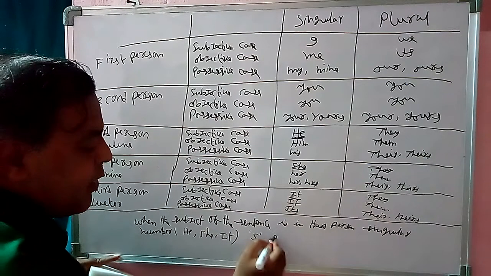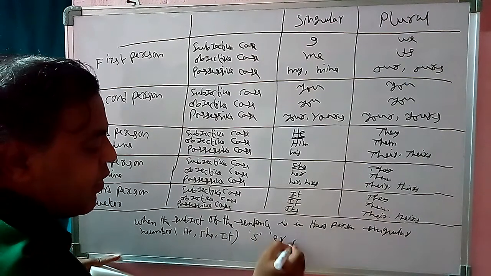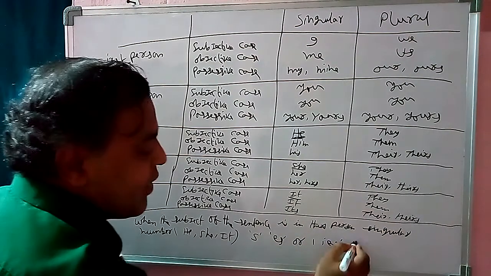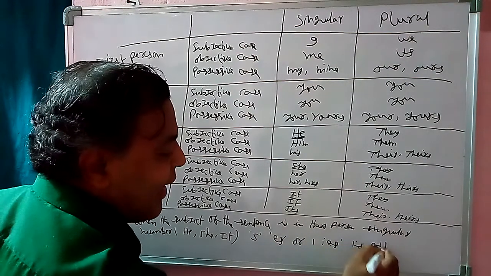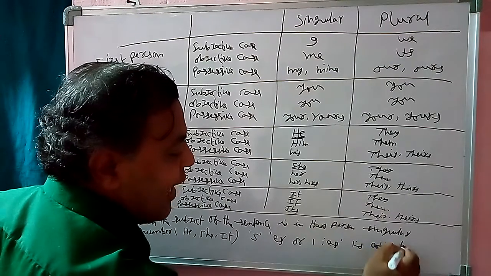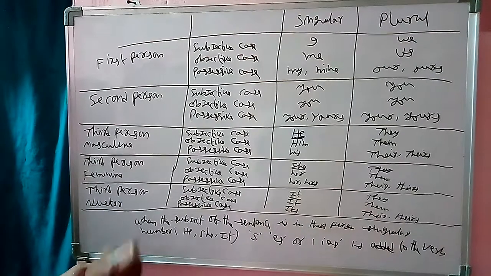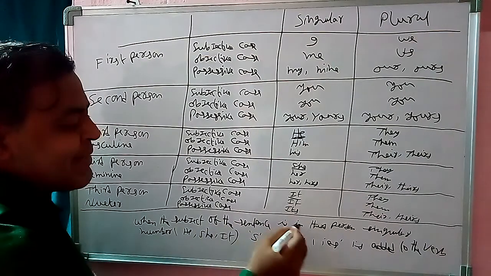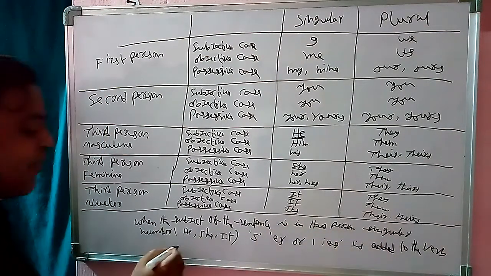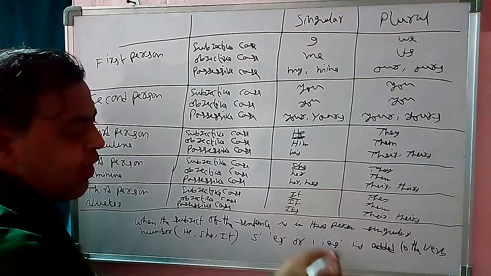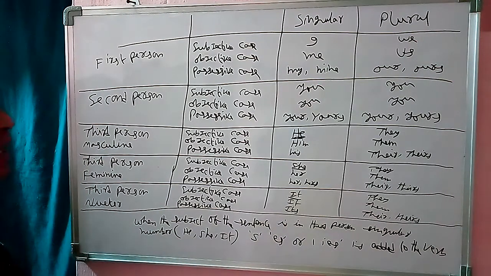When the subject of the sentence is in third person singular number, he, she, it, s, es or ies is added to the verb.